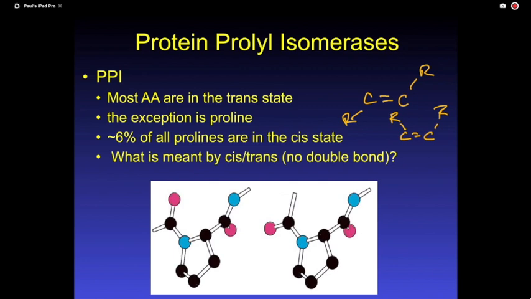This is the ring. Oh, I also show a cis and a trans here. Try to pick out which one's cis. Try to pick out which one's trans. You got a 50-50 shot, right? This one?